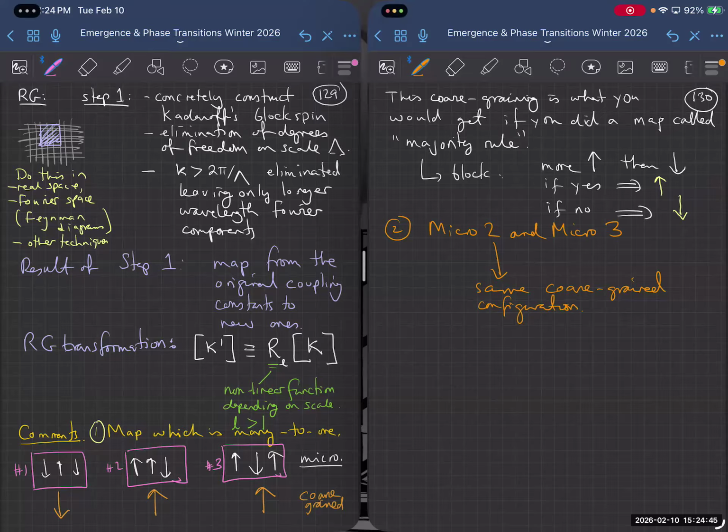You can see that they both give you spin up when you coarse grain. But if I told you, here is the coarse-grained configuration, spin up, can you tell me what the microscopic configuration was? Well, you can't, because it could be one of those two. In fact, there's even a third one it could be.